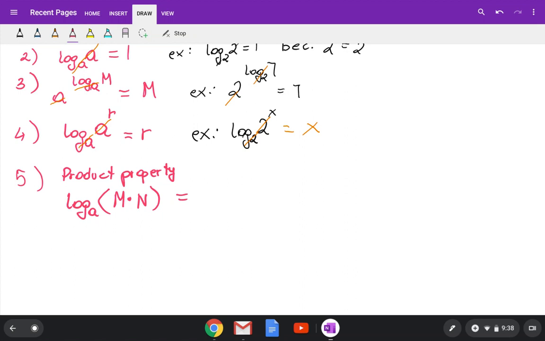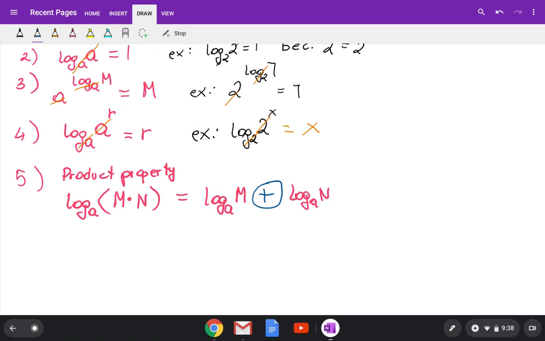This is equal to log of base A of m, and be careful here, not times but plus, multiplication becomes sum. So that's new, plus log base A of n. Okay, so when you have a product, that product becomes a sum of logs.